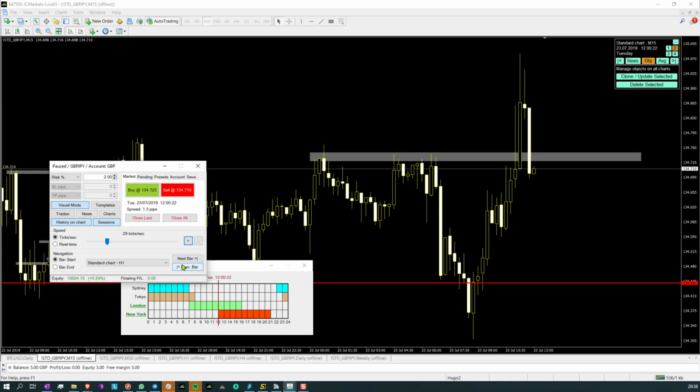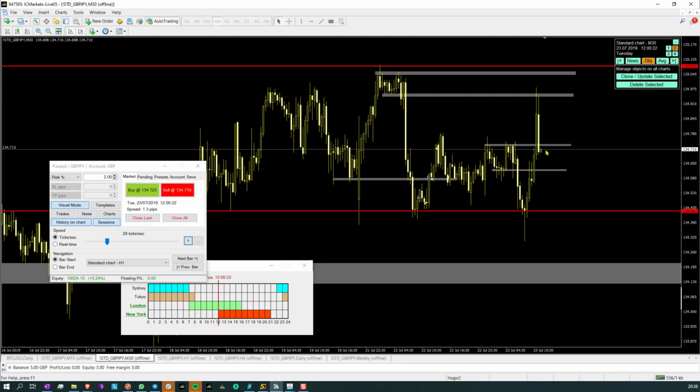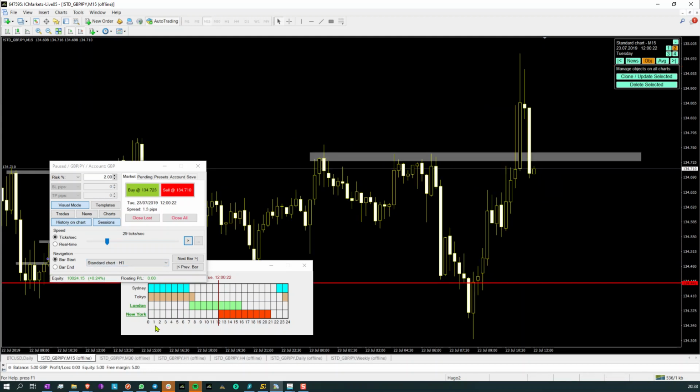Okay, M15 is closing inside the range, inside the range again. Now let's see if we have a rejection going up. This is too fast to go down. Too fast to go down.